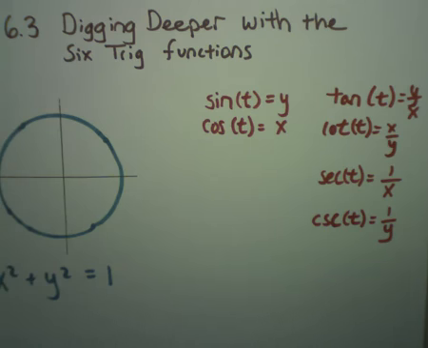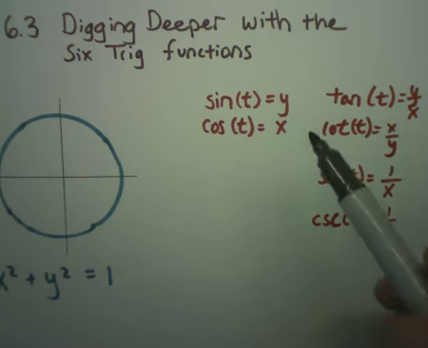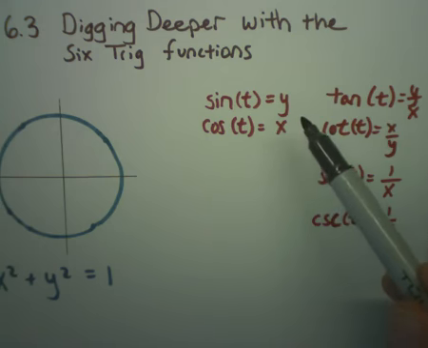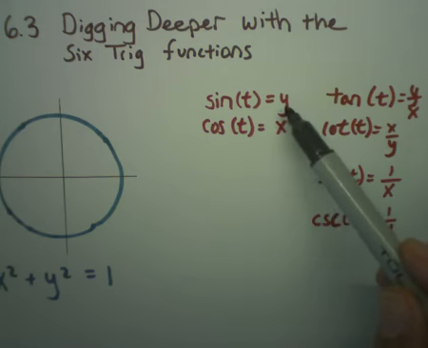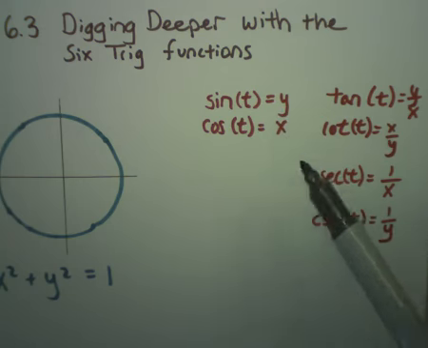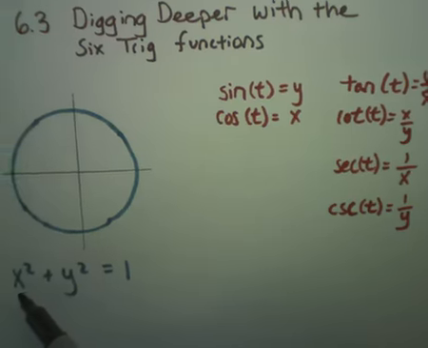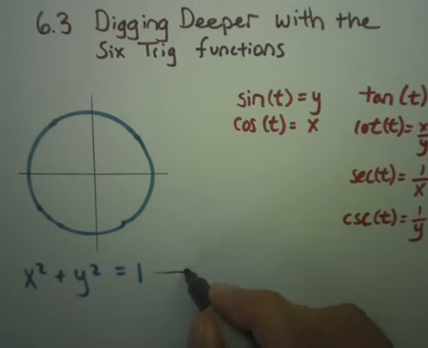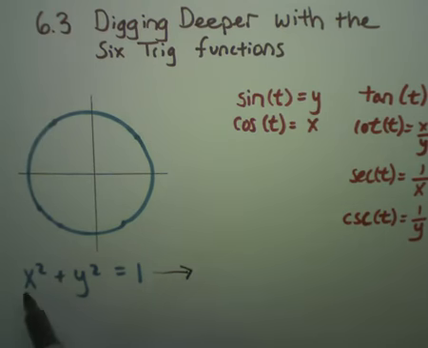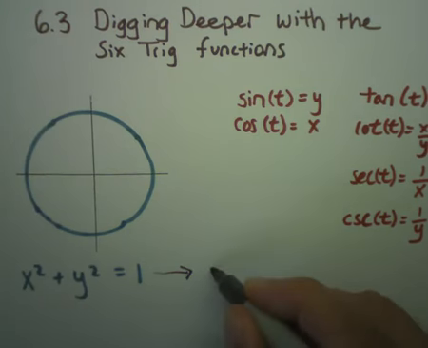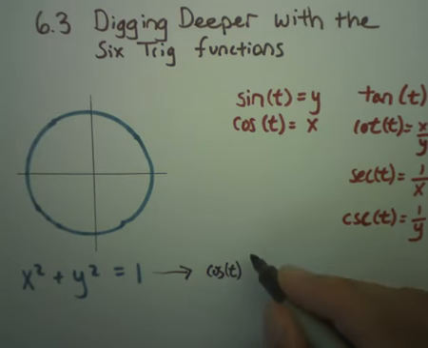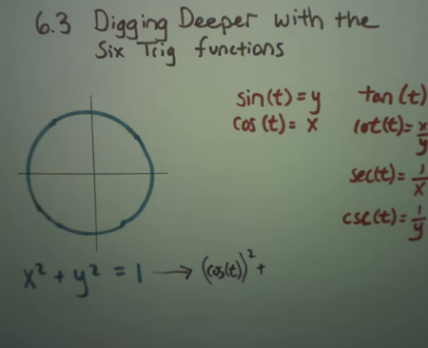Okay, so a couple of things I wanted to point out. One is an identity that we're going to make use of a lot. An identity just means an equation that's always true. So notice that sine is the y-coordinate and cosine is the x-coordinate. And the equation of the unit circle is x squared plus y squared equals 1, which means we could rewrite that equation and say x is the same thing as cosine and y is the same thing as sine.